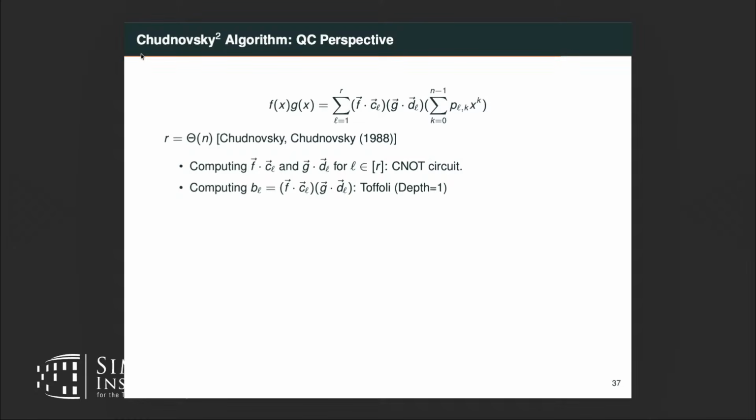So in fact, you can imagine running a big C0 circuit so that you get this bit value for every single R in parallel, actually not even using any Toffoli at all. And then you do a parallel Toffoli. So in fact, all these bit values b_l can be computed in Toffoli depth of 1.